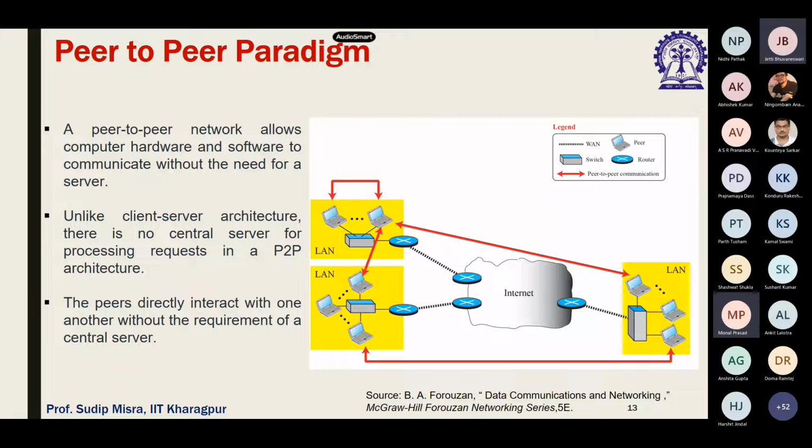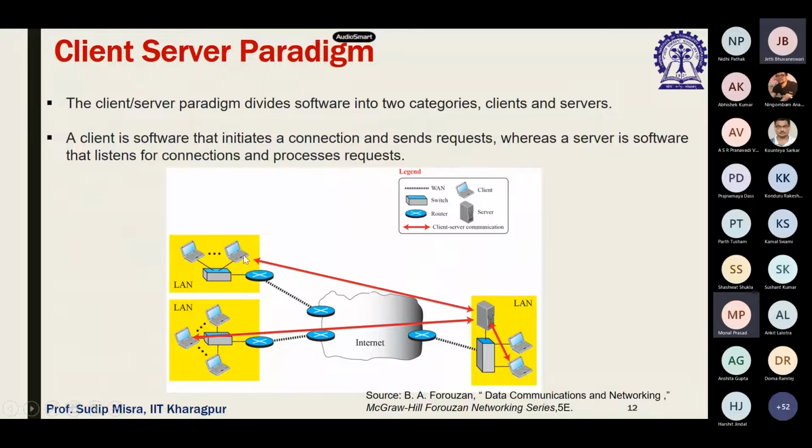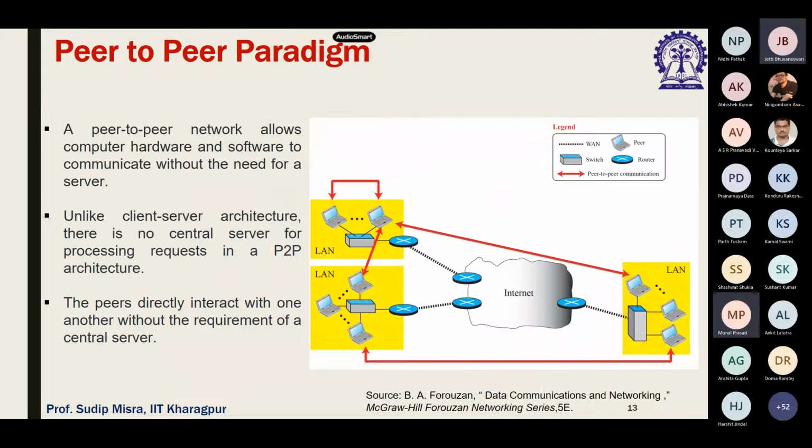There is no involvement of servers. The peers directly interact with one another without the requirement of a central server. This is how peer-to-peer communication takes place. Earlier it was client to server. So that's the paradigm difference between these two.